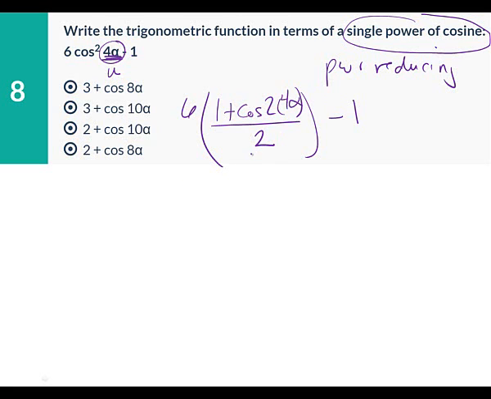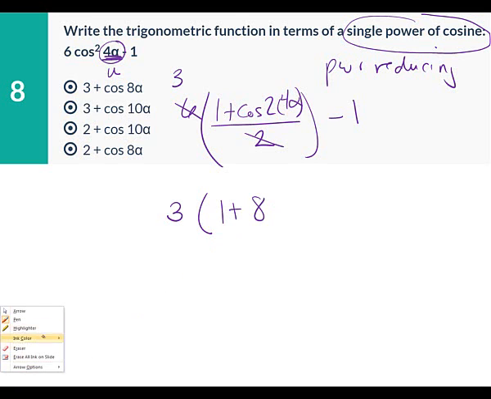Okay, let's do some simplifying. How many times does 2 go into 6? 3. And then we've got 2 times 4 is what? 8. So we've got 8. Sorry, cosine. Erase. All right, cosine of 8 alpha minus 1.